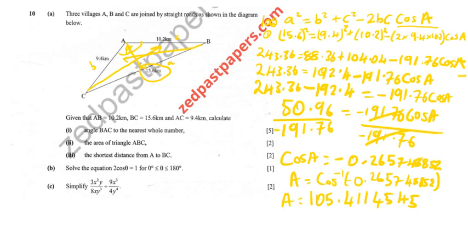And then you round off to the nearest whole number, which is 105 degrees. So this is your answer. As you can see, we have broken it down stepwise. Just follow it and then you'll be safe. We go to the next question.